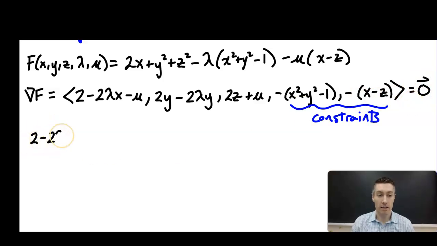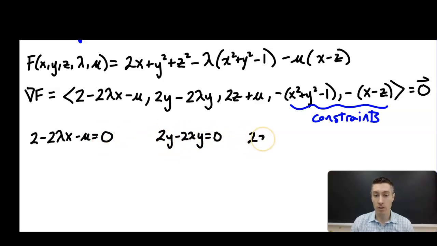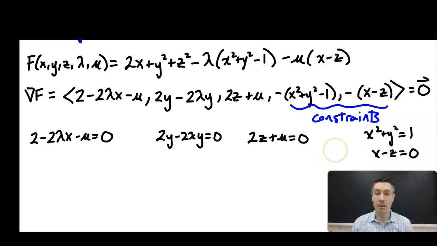So 2 minus 2 lambda x minus mu equals 0. 2y minus 2 lambda y equals 0. 2z plus mu equals 0. And then our two constraints, I'll just stack them over here, x squared plus y squared equals 1, and x minus z equals 0. When we get to the point of finding the points on the constraint, we'll go to the next slide just to give ourselves some more space.